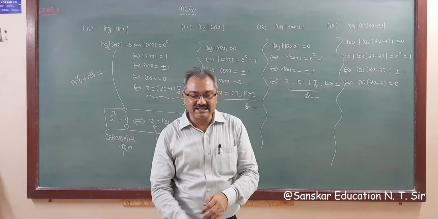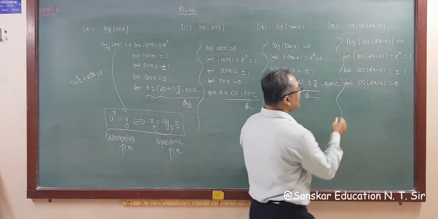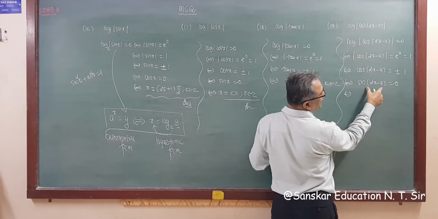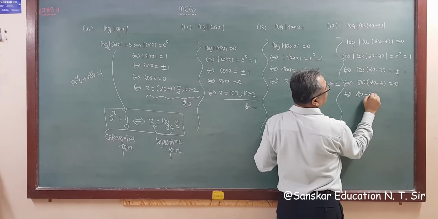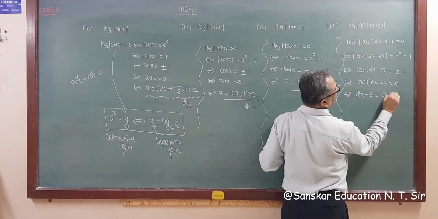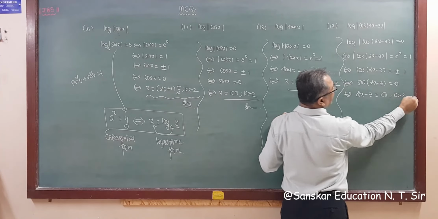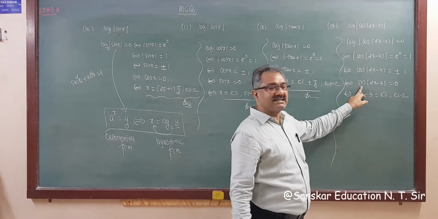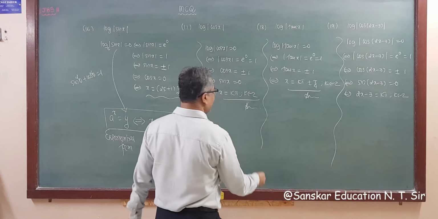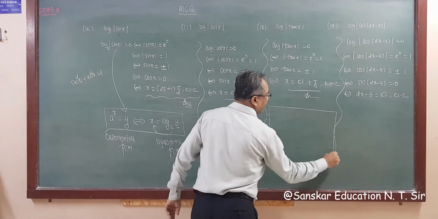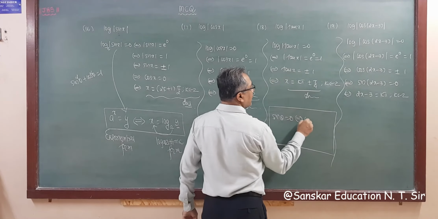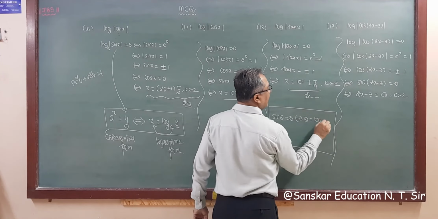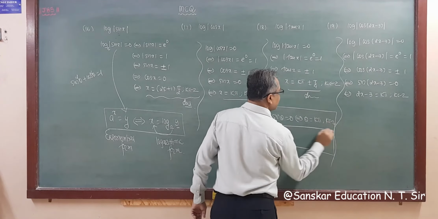So sine of twice x minus 3 equal to 0, that means you have to find out the set of zeros of this function. As you know, sine theta is equal to 0 implies theta is equal to k pi, k belongs to Z. This is your answer.